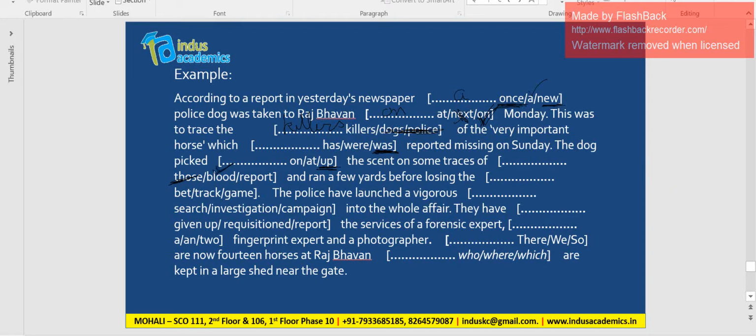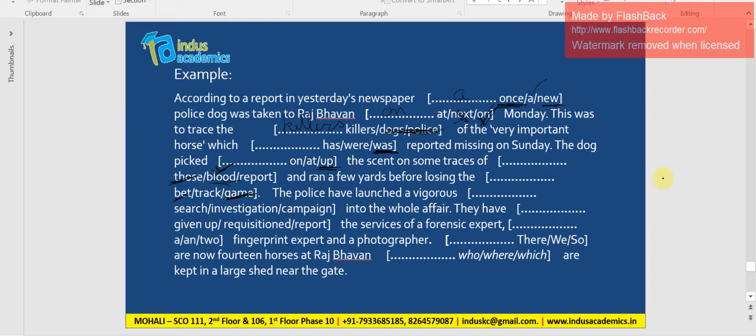Report will be incorrect too. So the scent on some traces of blood and ran a few yards before losing the bet, losing the track, losing the game. Dog is not playing a game here. The dog hasn't placed a bet as well. The dog has lost the track. So the correct word will be track, and ran a few yards before losing the track.